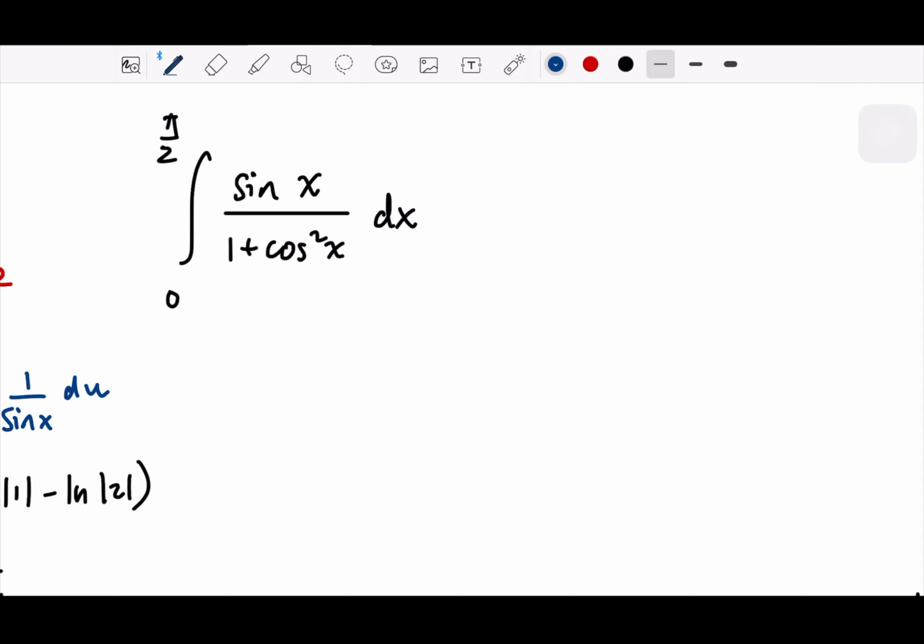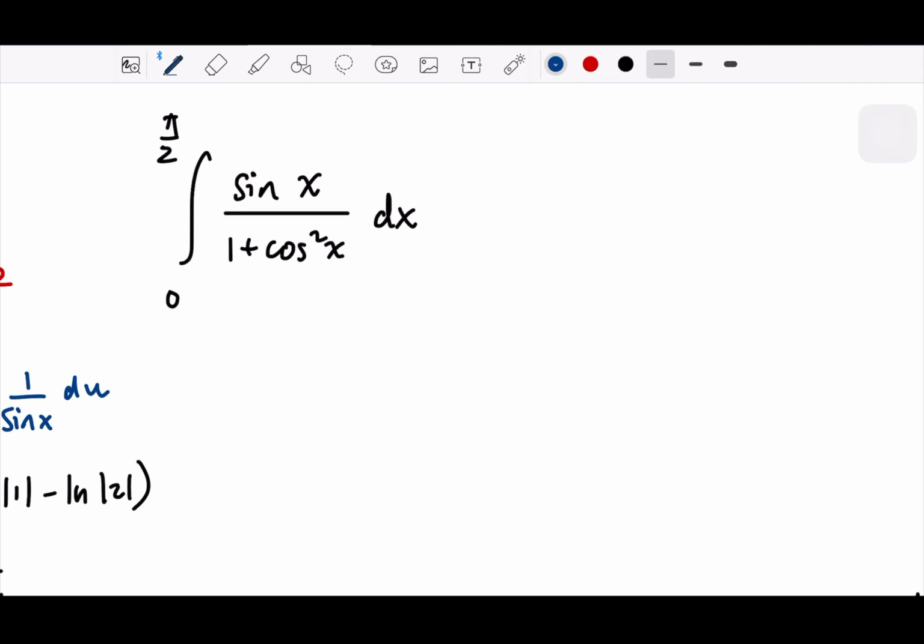How about we just take the cosine, not 1 plus cosine squared, just cosine? If we derive, it's negative sine. We can cancel, right? And then what is supposed to happen in this equation? 1 over 1 plus u squared. What is that?